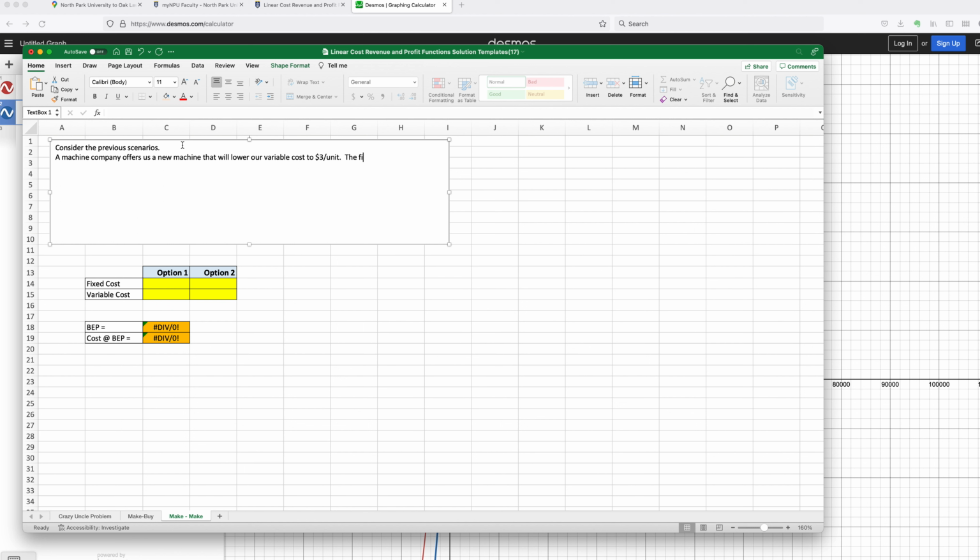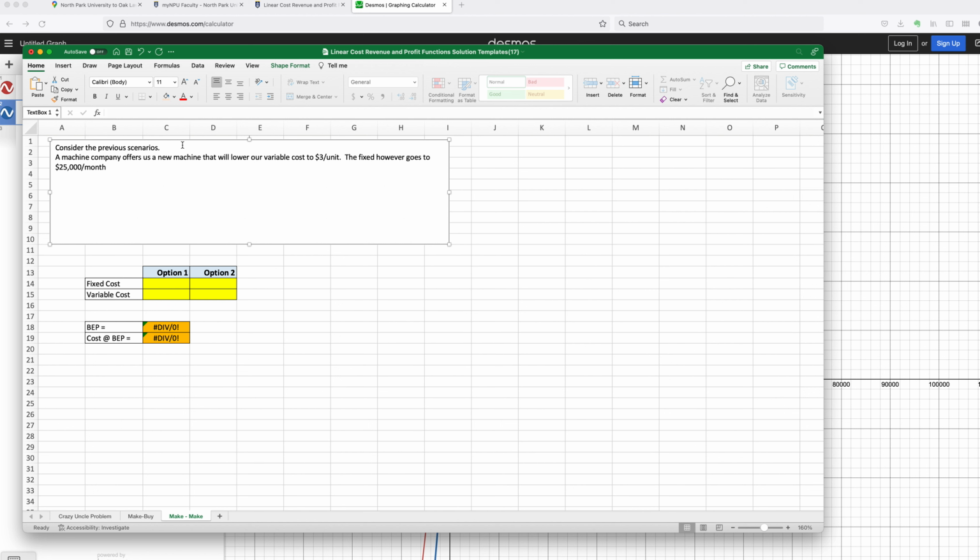The fixed cost, however, goes to $25,000 a month. So to buy all that speed and all that efficiency, probably uses less material and certainly a lot less labor.